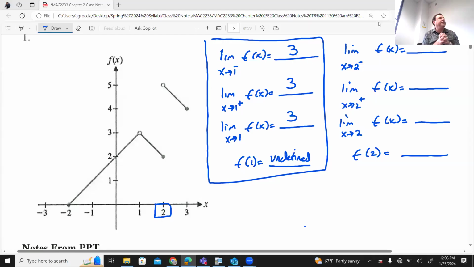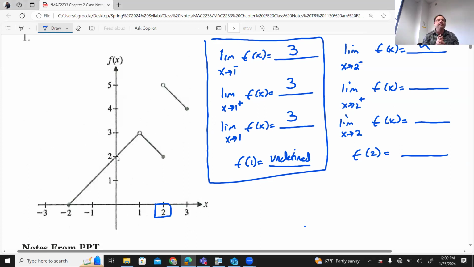So let's go look at 2, but before we do anything, can we all agree that 2 has some issues? Okay, so keep that in mind. So using the little cursor, as I get closer and closer to 2 from the left, I can go anywhere from the left, but as I get closer and closer to 2, what is the Y value getting closer and closer to? 2.